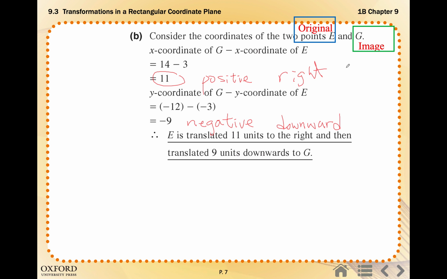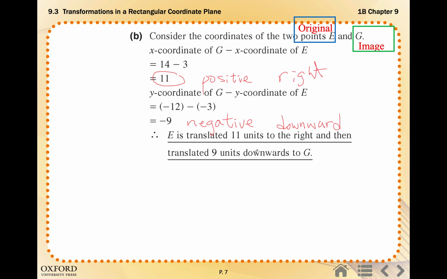So finally, the answer is that E is translated 11 units to the right, because it is positive. And then because there is also some upward or downward movement, from the difference of their y coordinates, that is 9 units.